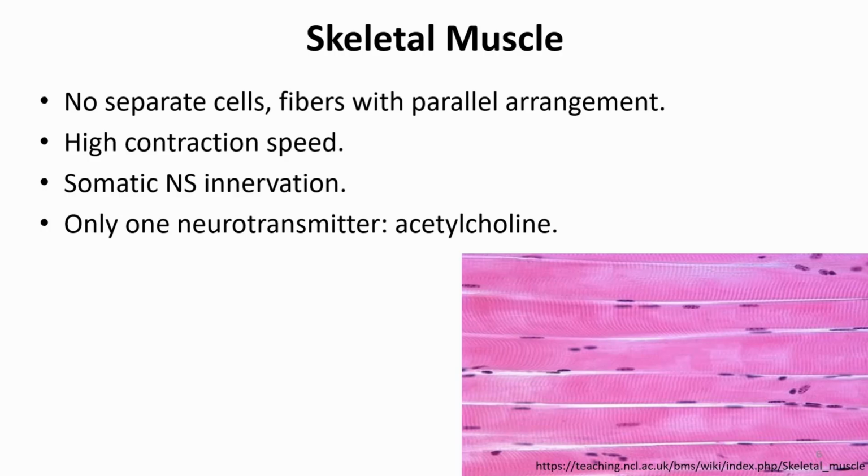That means from the entire peripheral nervous system, the somatic nervous system is the one that innervates skeletal muscles. And if we talk about the nervous system, we also have to mention that the neurotransmitter released in the synapses between the last nerve cell and the skeletal muscle is acetylcholine, and acetylcholine only. We will talk about all of this deeper in the next few slides.